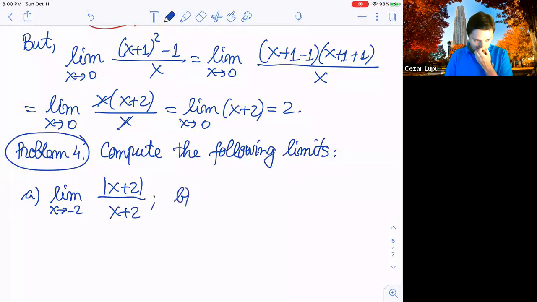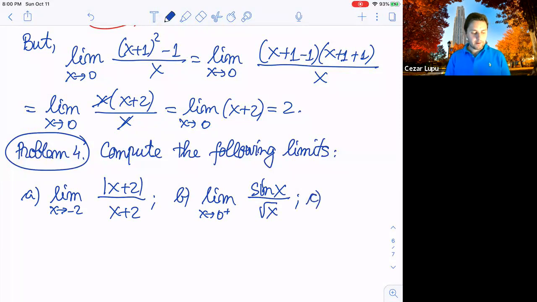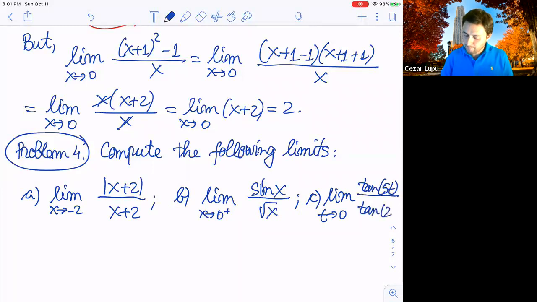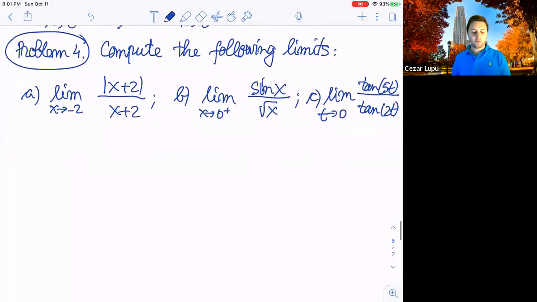The second one will be the limit as x approaches 0 from the right of sine of x over square root of x. And the last one is the limit as t approaches, let's change now to t, of tangent of 5t over tangent of 2t. So these are the limits we want to compute. I want you to look at the problem.